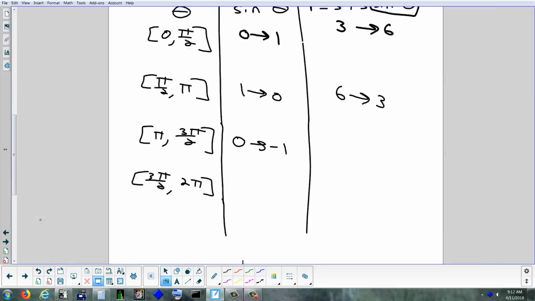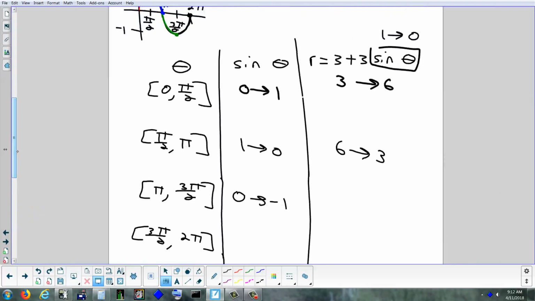So now we want to triple that result and add 3, in that order. So what would my radius be going from in this section? Yep. 3 to 0. It's going from 3 to 0.